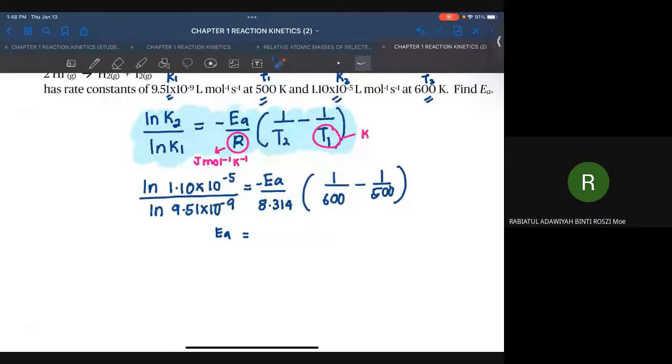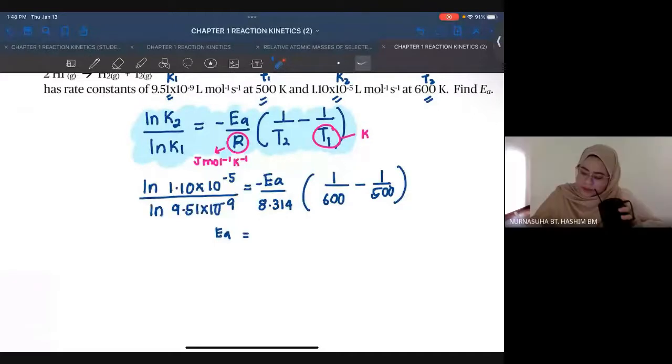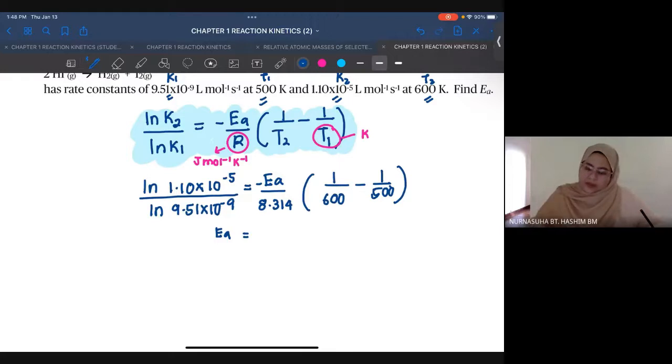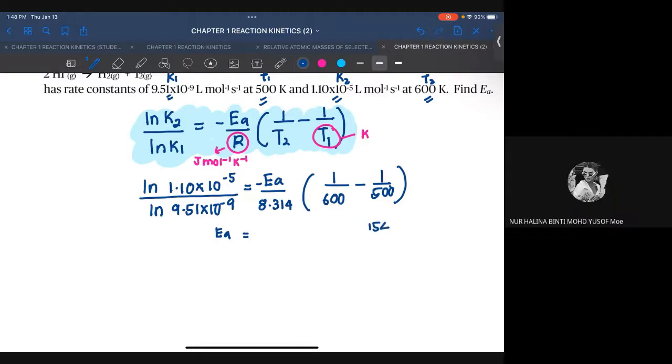Saya dapat 15416.77. Okay, ada yang dapat sama? Ada jawapan lain? Sama.